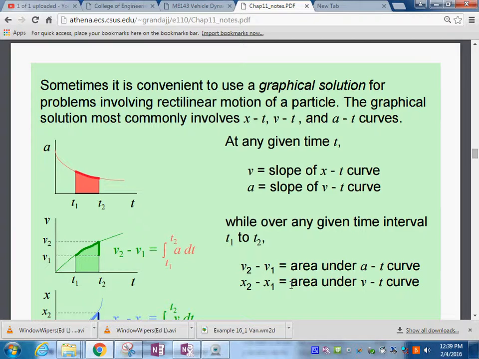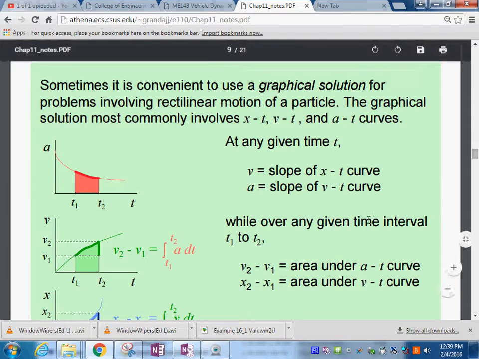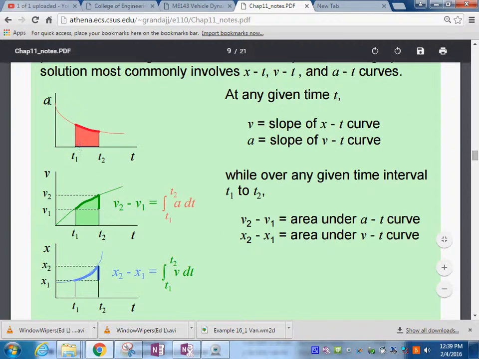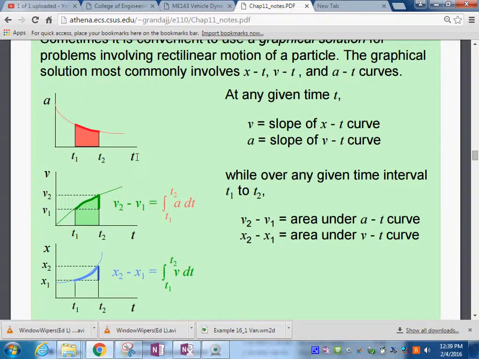You see, if you have a plot of the acceleration and time, at a given time you could say the velocity 2 minus velocity 1, so the change in velocity, is the integral between t1 and t2 of a dt.